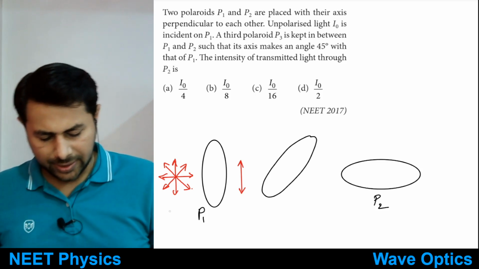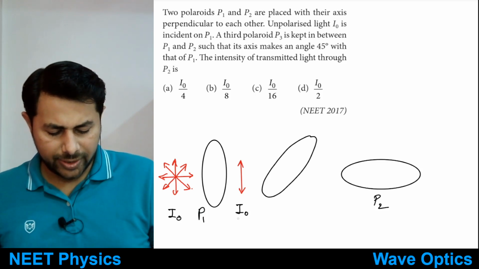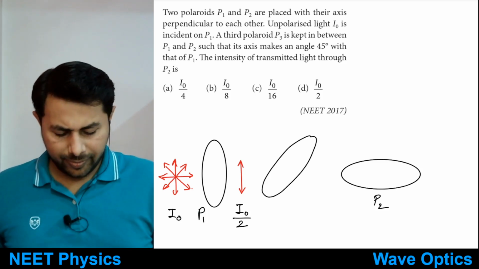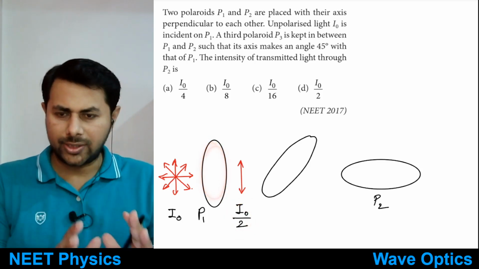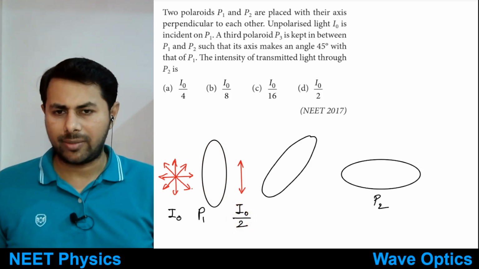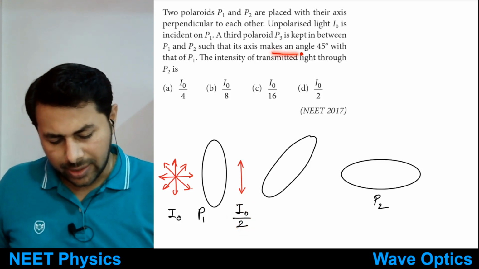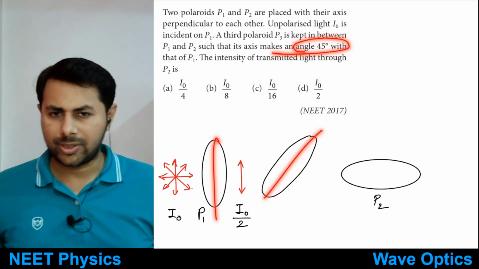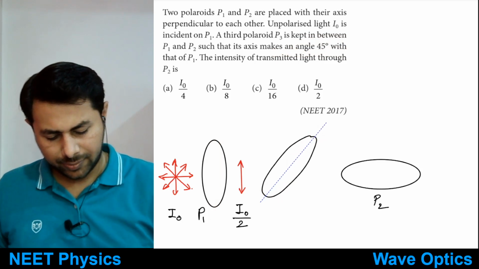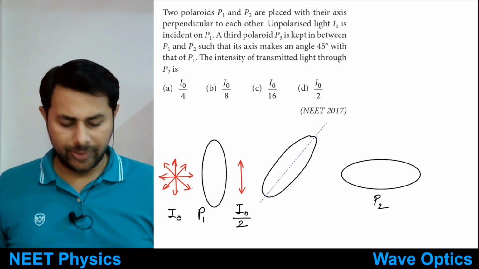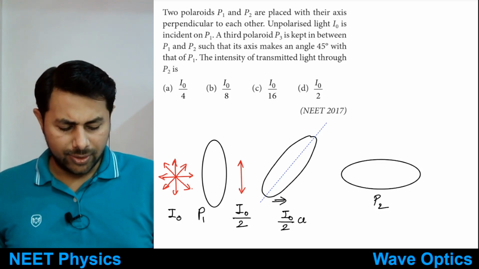If original intensity is I naught, what is the intensity coming out of the first polarizer? It's I naught divided by 2, right? The next one is at an angle of 45 degrees with respect to the first one. So the intensity coming out of this one would be I naught by 2 cos square of 45, right?